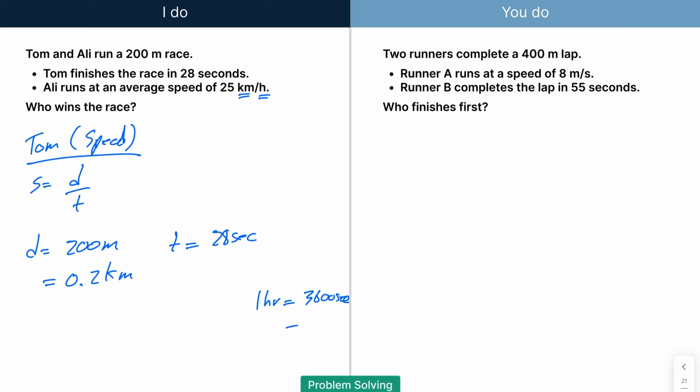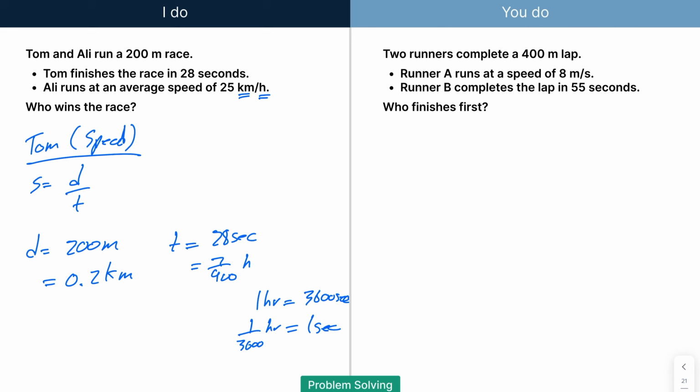And I know that 1 second is 1 over 3,600 because we're dividing each side by that. So converting these seconds to hours, we just divide 28 by 3,600, and I'll just leave that as a fraction, which is 7 over 900 hours.